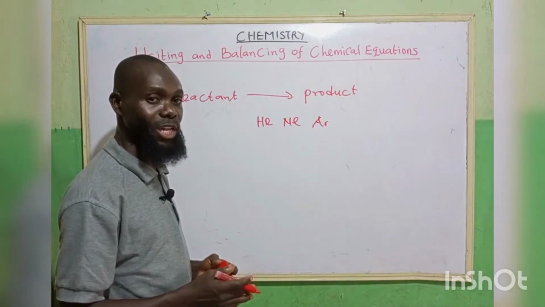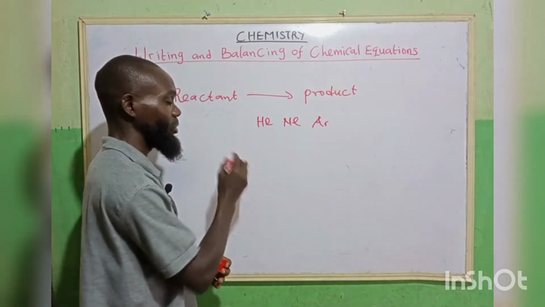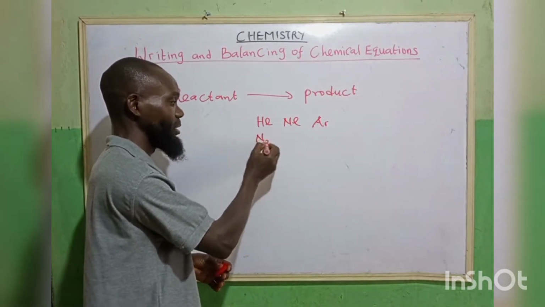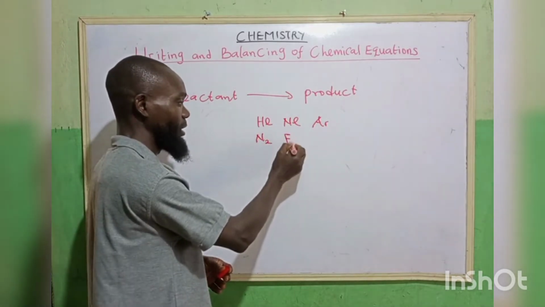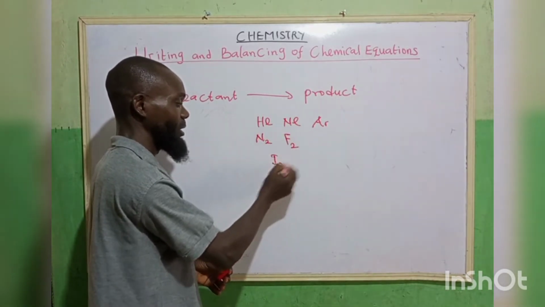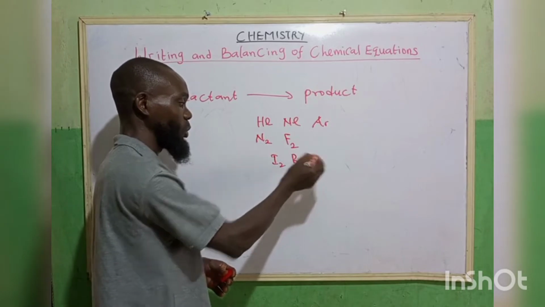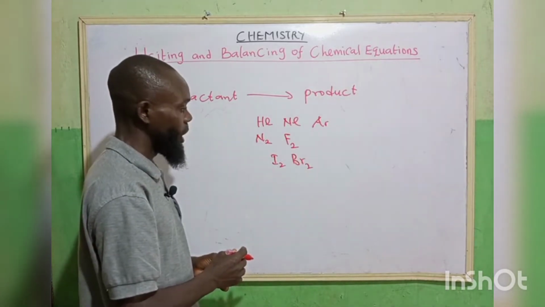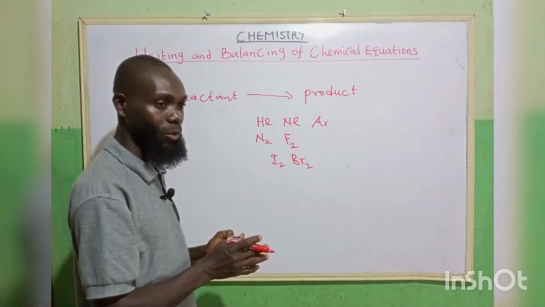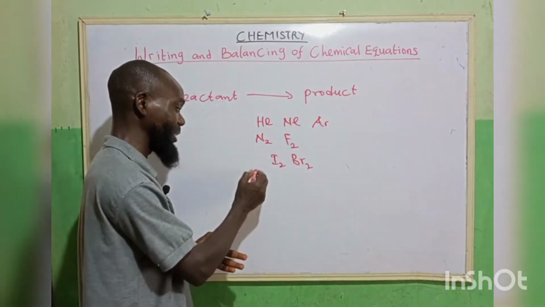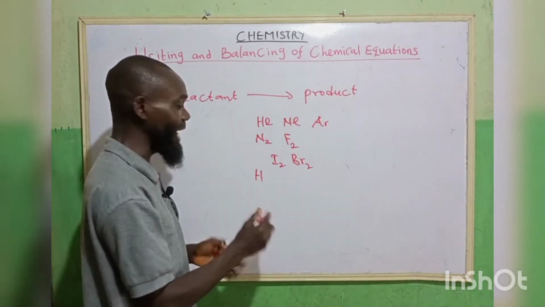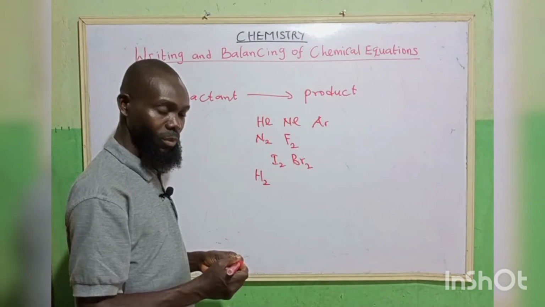Likewise, the group 7 elements are diatomic elements, talking about nitrogen, fluorine, iodine, bromine, and so on. So you must write them very well. You don't write hydrogen as ordinary H. It should be written as H2.